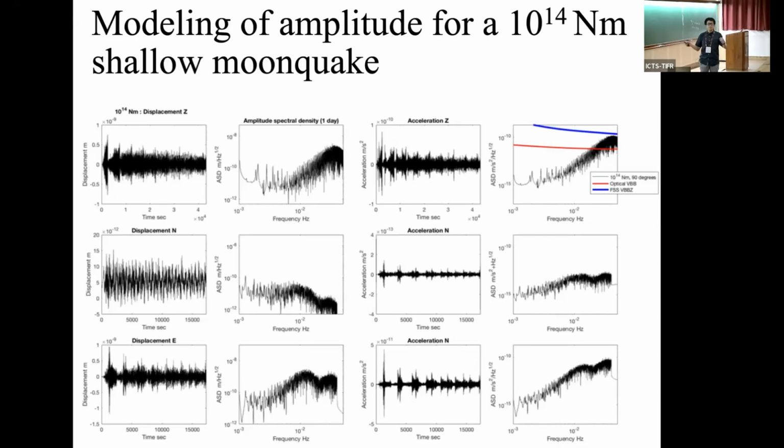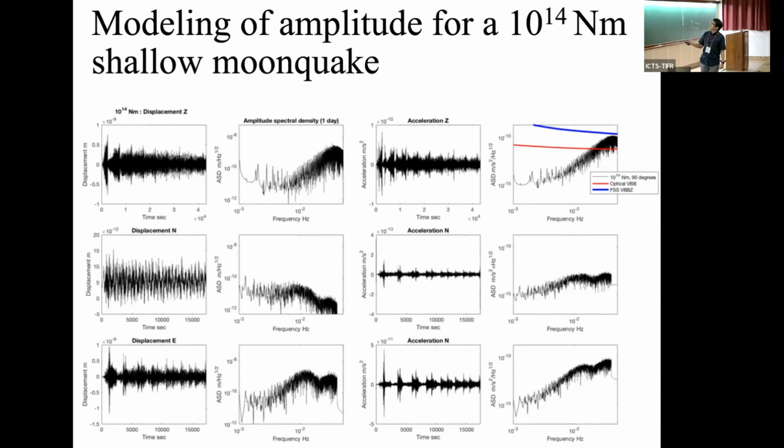I just took a big shallow moonquake and made displacement Z and E in spectra, acceleration, and put this in the spectra. And here you also see the comparison between the seismometer we have and the seismometer that we will have. So if it exceeds the red line, it means that it will be visible in our seismometer.